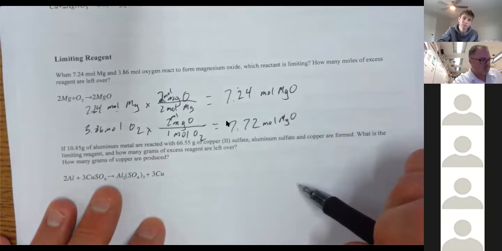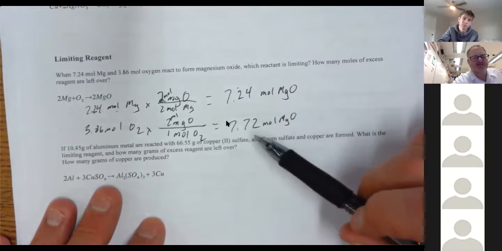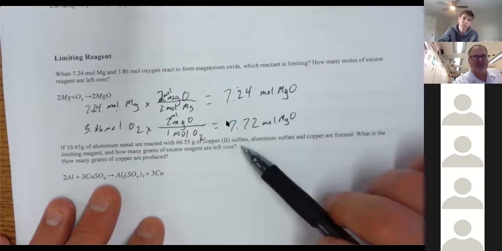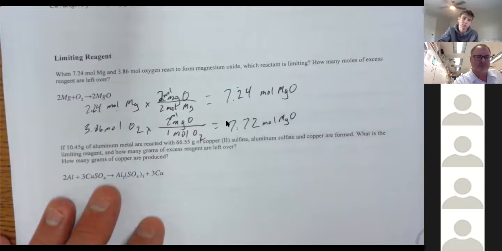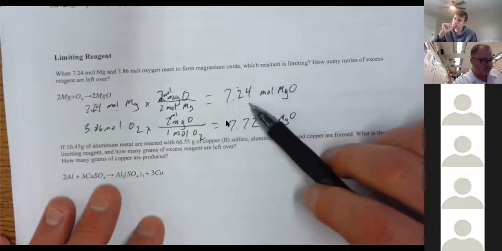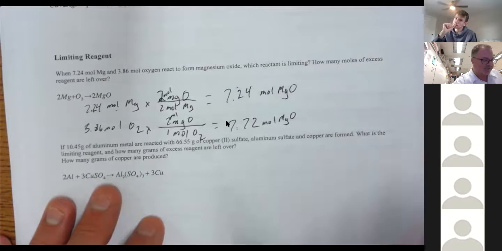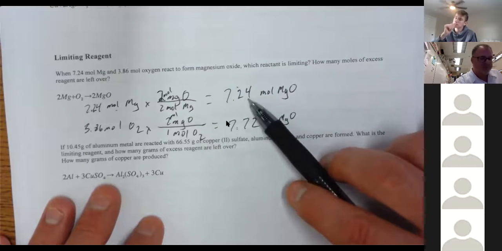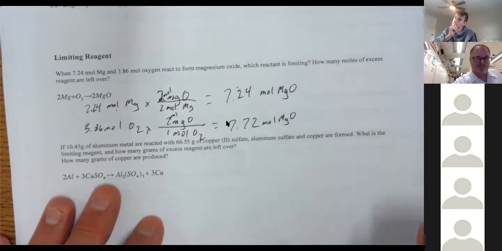So out of these two, which one can we actually make? Let me ask that question one more time. Out of these two amounts, which one can we actually make? The first one? Yeah, that's the answer we're looking for. We can only make this 7.24. Why can we only make 7.24 moles of this?